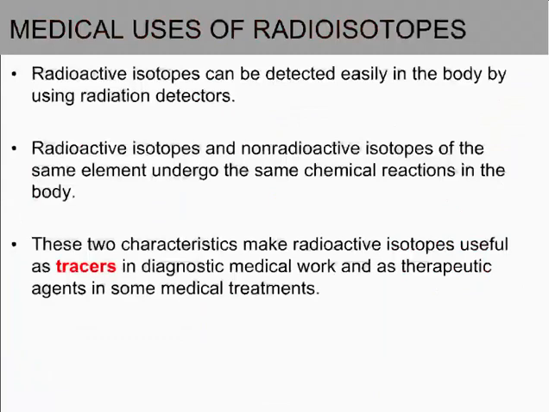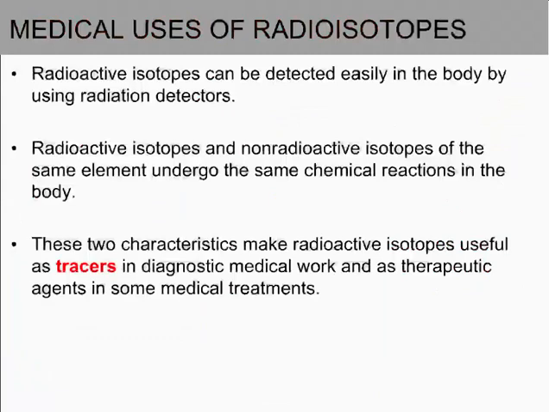So we want to use radioactive isotopes that mimic non-radioactive isotopes, because they will then go through the same chemical reactions in the body. However, because those radioactive isotopes are giving off, let's say, beta particles or gamma rays, we can detect where that's occurring in the body.